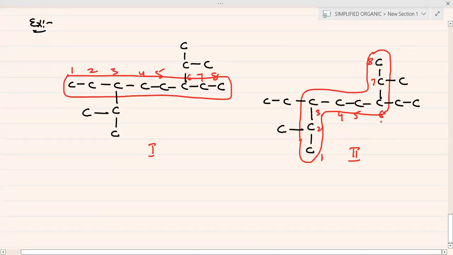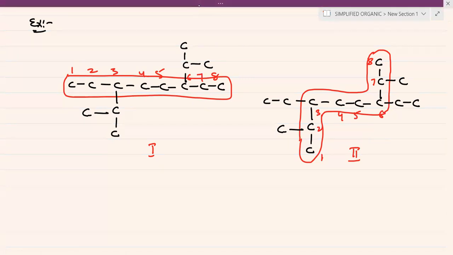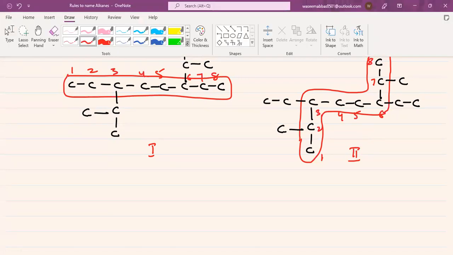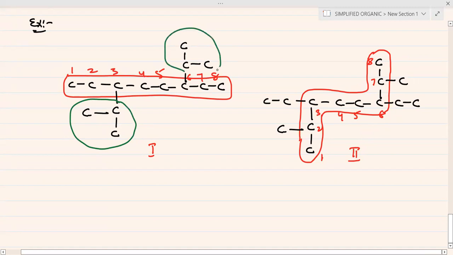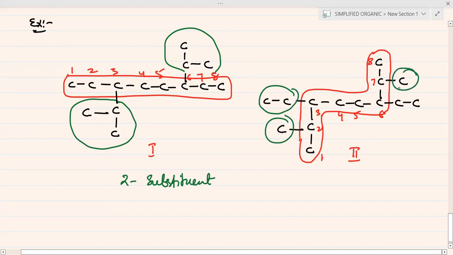Now the rule says we have to consider that chain as the parent chain which has more number of substituents. In this one, we have these two as the substituents, so here you have two substituents. But in this case, I have 1, 2, 3, 4 substituents.